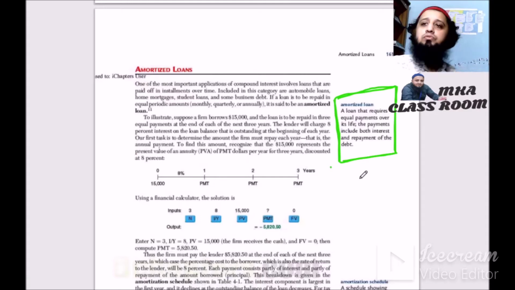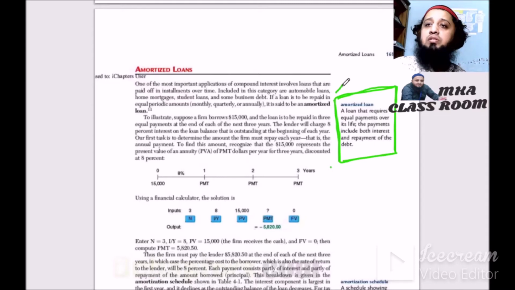Those who are engaged in the business, they take loan from the bank and pay off this loan with an equal payment each period. Including categories are automobile loans, home mortgages, student loans, some business debt.